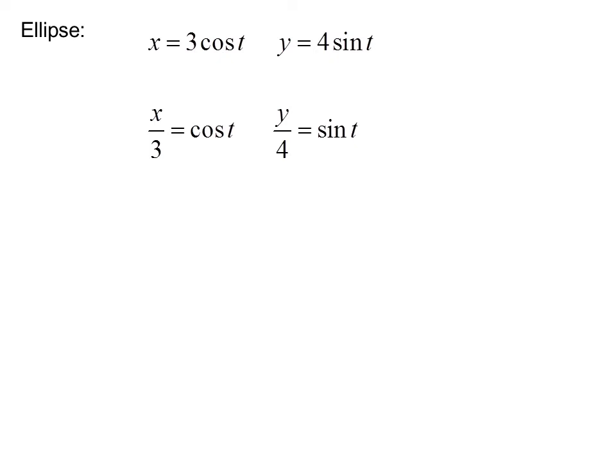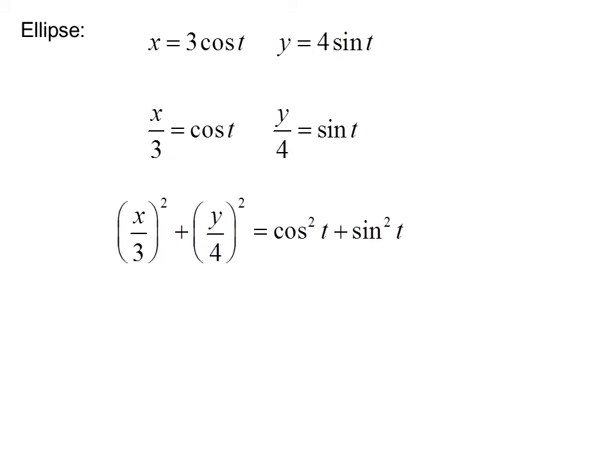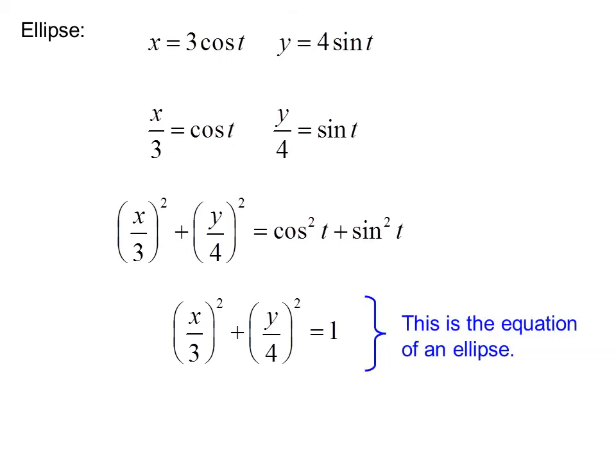If we solve for cosine t and sine t, then we can use the Pythagorean identity to rewrite this equation as x over 3 squared plus y over 4 squared equals 1. And we recognize this as the equation of an ellipse.